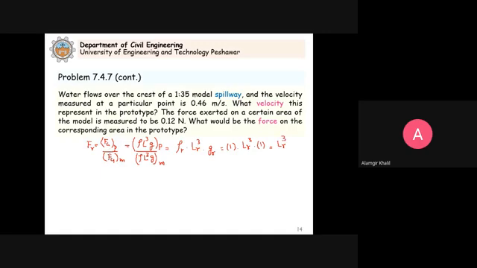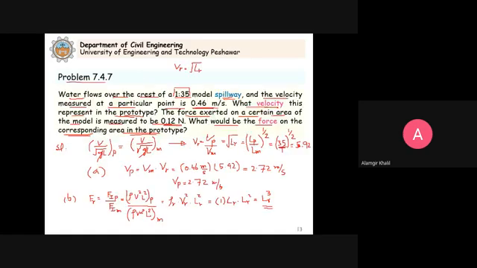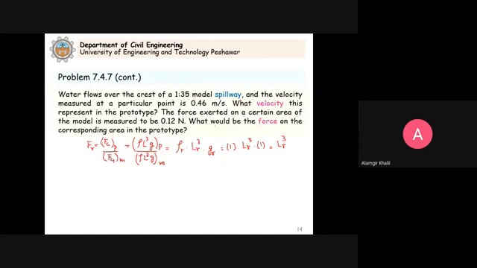So you can see here, if I consider the gravity forces or I consider the inertia forces, the force scale ratio is equal to LR cube. So now the force exerted on a certain area of the model is this much. So the force in the model is given.